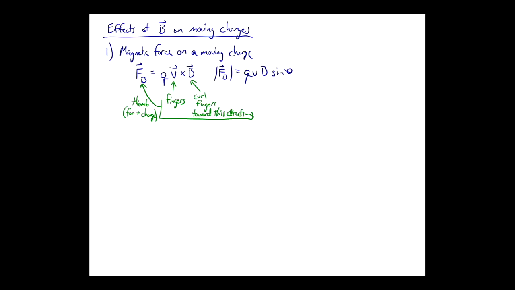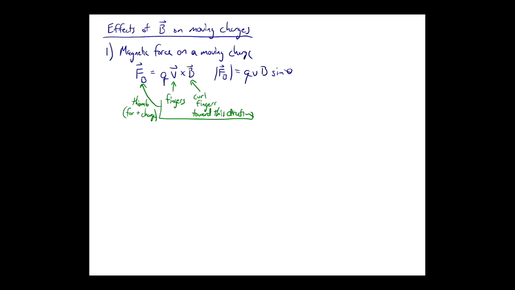They don't necessarily have to be perpendicular. We just want that relationship where I start with the velocity and turn the fingers toward the magnetic field. When we do that, the thumb is in the direction of the force on that charge, if it's positive. If it's negative, just flip the direction when you're done. That's our first right-hand rule.